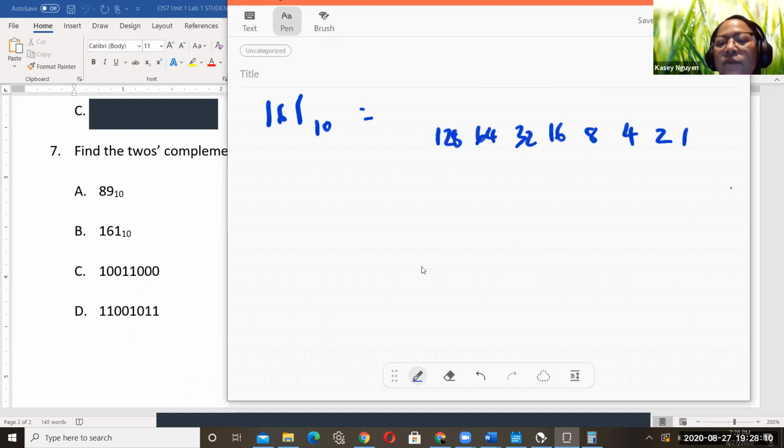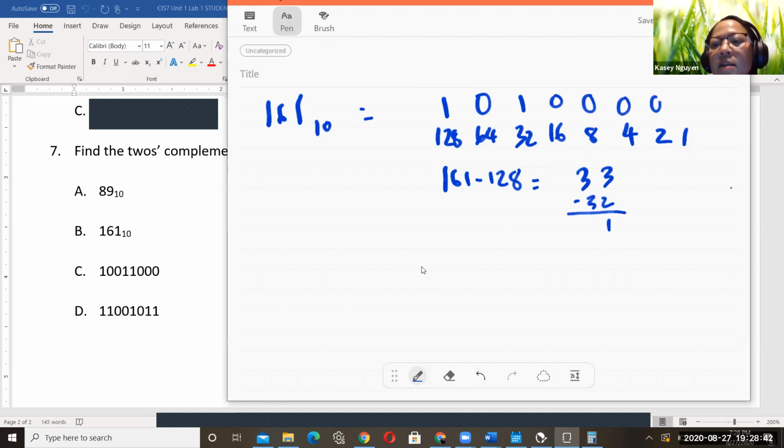I don't go to 256 because that's higher. So we start with 161 minus 128. You subtract it and put it there. That gives me 33. I skip 64. 33 minus 32 gives me 1. Skip these, and 1 minus 1 is 0.